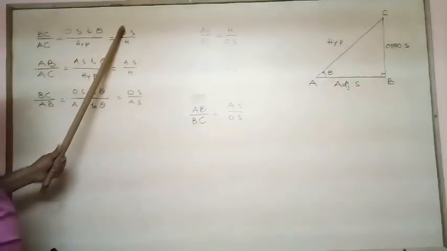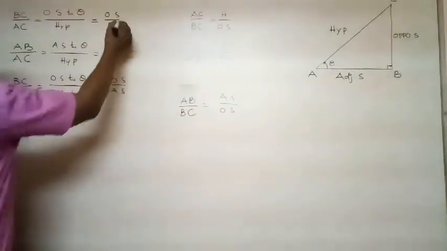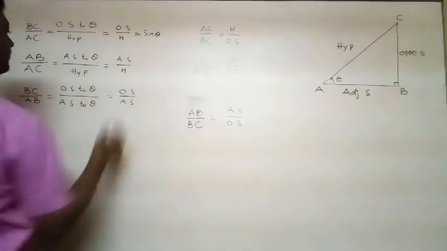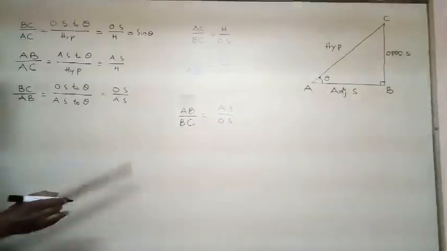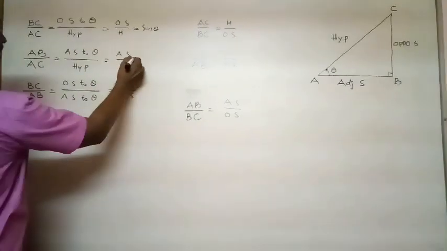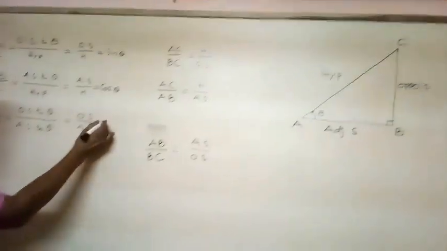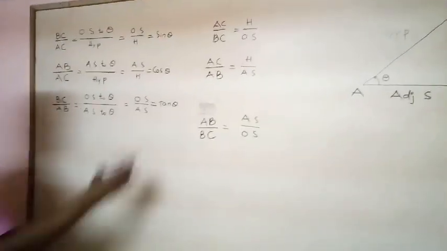Here opposite side by hypotenuse is known as sin theta. Adjacent side by hypotenuse is known as cos theta. This ratio is known as tan theta.